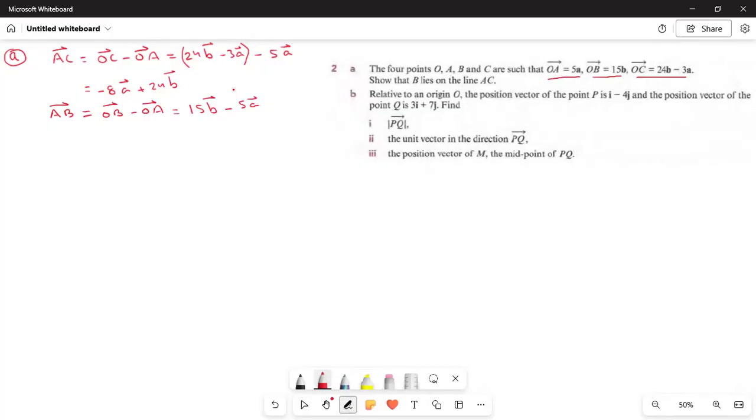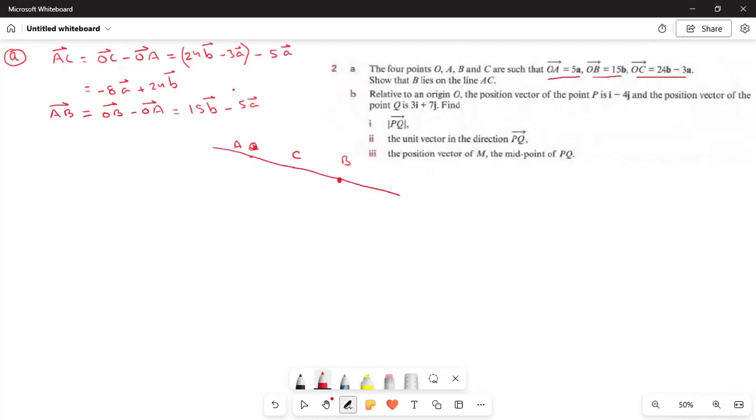Now what's happening here is these are the 3 points, A, C, and B. So AC is a straight line like this, and B lies on this straight line.